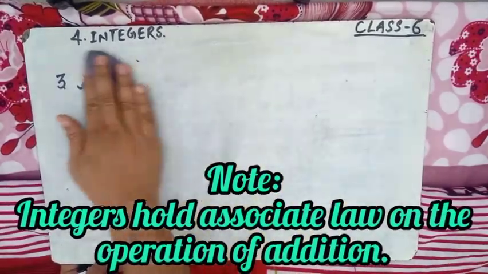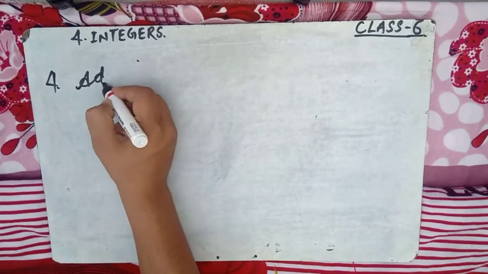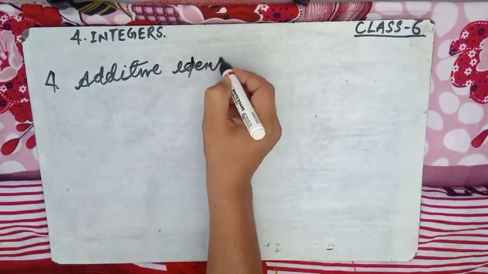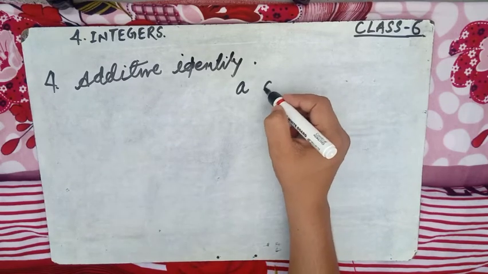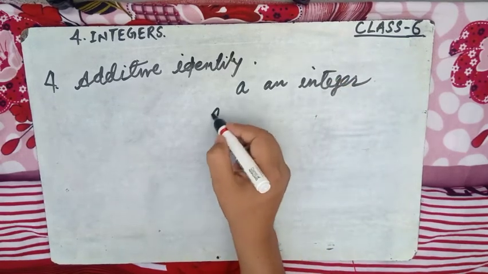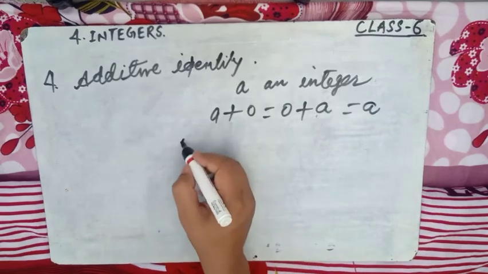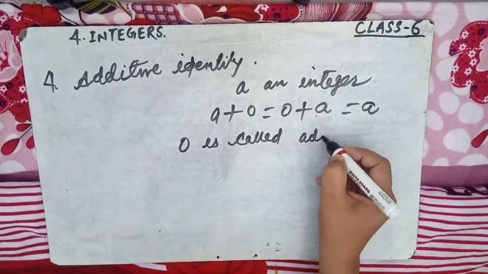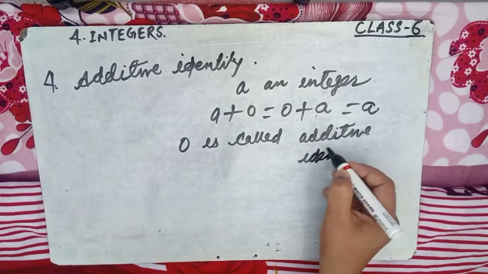Now the last thing is additive identity. The fourth point is additive identity. Suppose a is an integer, then a plus 0 is equal to 0 plus a, which is equal to a. So 0 is called the additive identity.